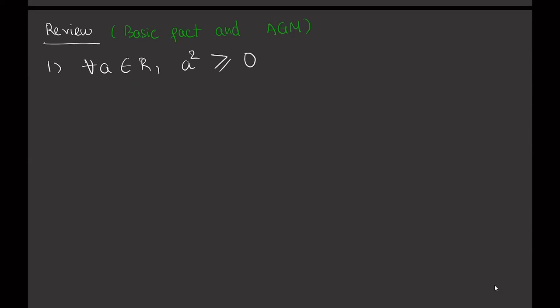You will use this fact many times throughout this course, and maybe other courses as well. And if you have a number a less than or equal to b, and a positive number c, then you multiply c to both sides. It doesn't change the inequality direction.